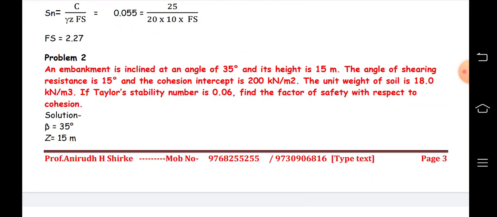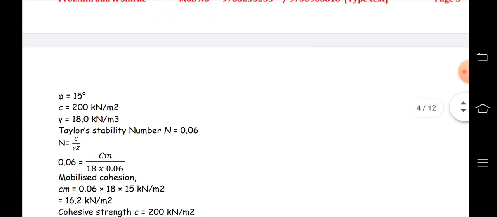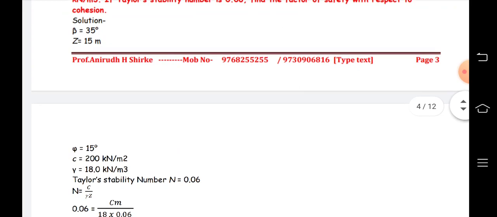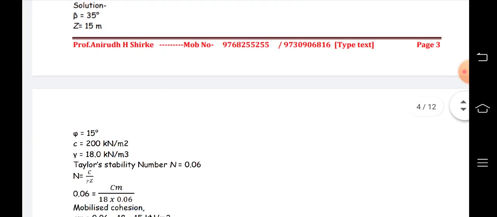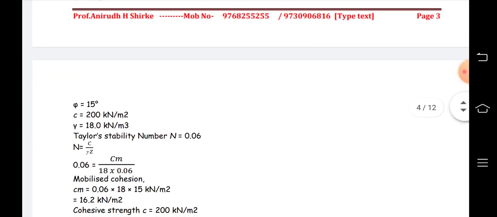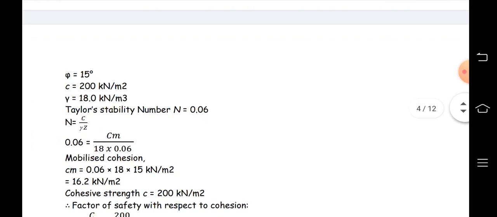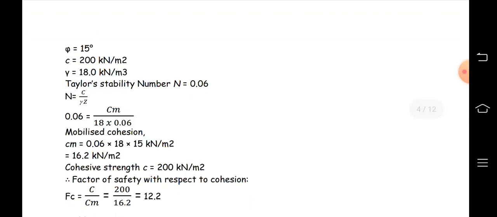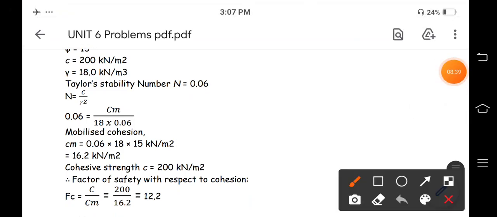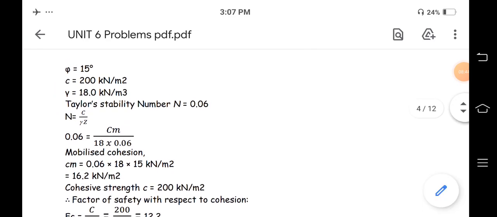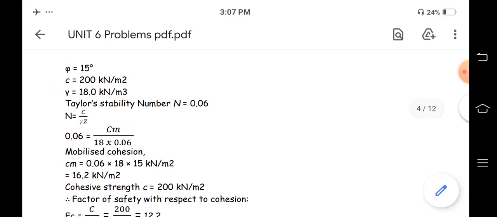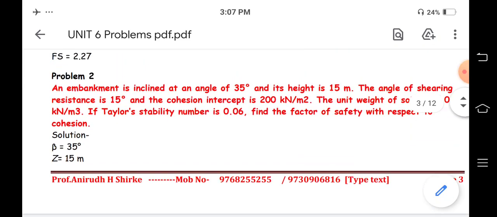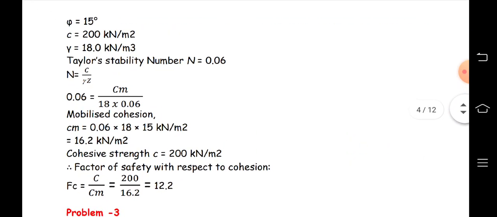So the given data: beta 35 degree, Z 15, phi 15, C 200, gamma 18, and Taylor stability number Sn. You can take a screenshot of the problem, and then we are going to solve.